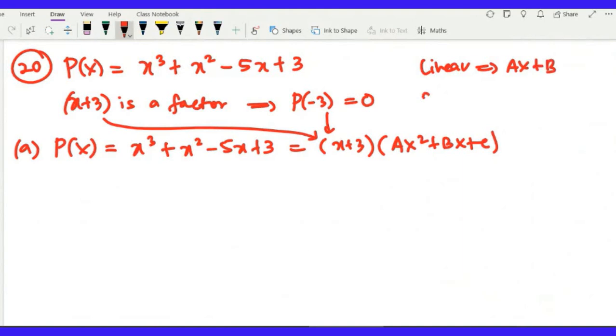If it's quadratic, you take this form. If the front already uses unknown a, use bx plus c. If not yet used, start with a. So I'm going to do c. Our aim is to find A, B, C.